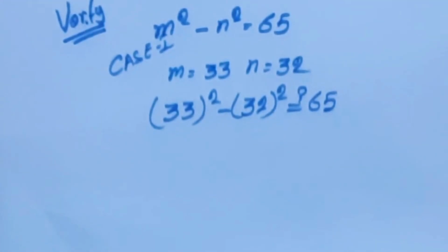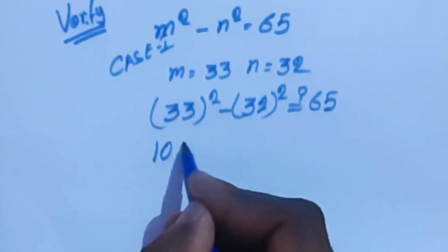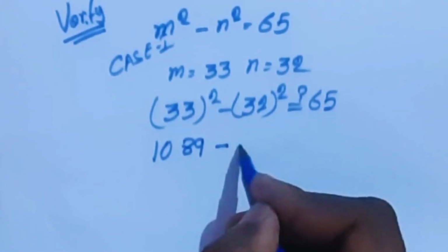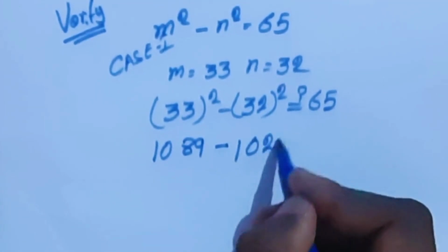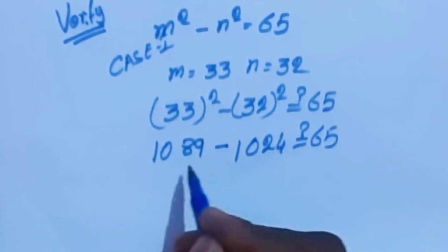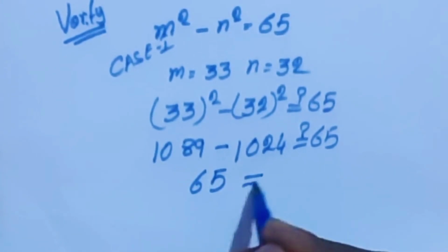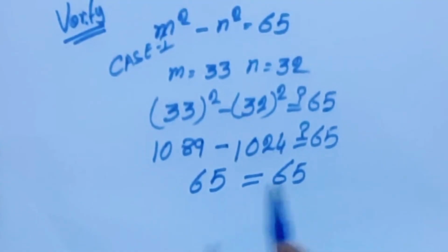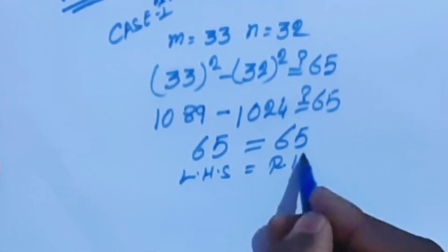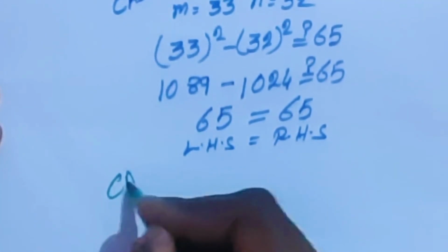So here 33 square is 1089 minus, here 32 square is 1024 equal to 65. Here do minus of this, we will get 65 equal to 65. Here LHS equal to RHS.